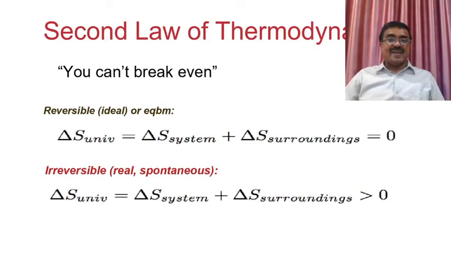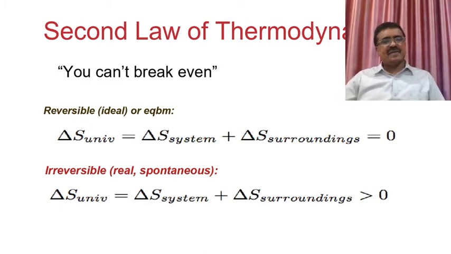You can't break even. According to the first law, we can break even. But according to the second law we cannot, because there will always be an increase in entropy in the surroundings in spontaneous processes. Entropy increases means the surroundings will have lower capacity to do work.